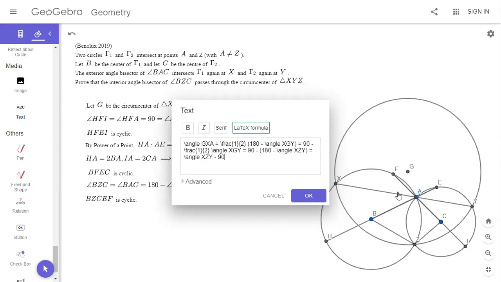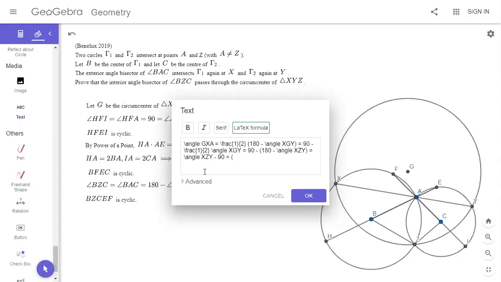So we want to show XZY minus 90 is both GXY and GYX. No, I'm sorry, that's FXA. We want to show that FXA. So yeah, I think I just have to continue this angle chase.